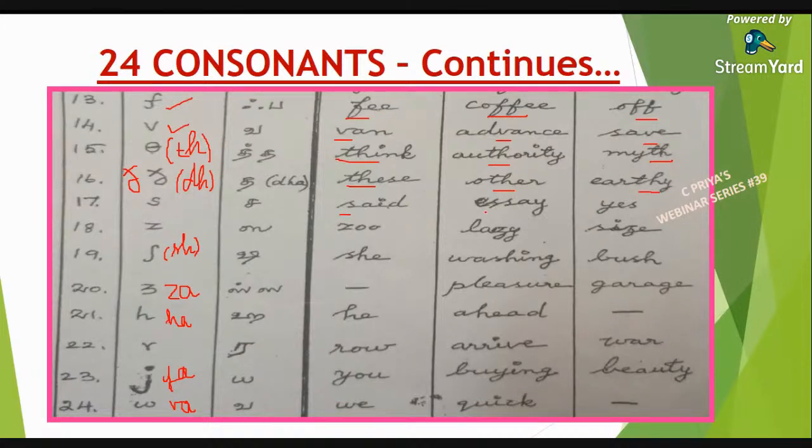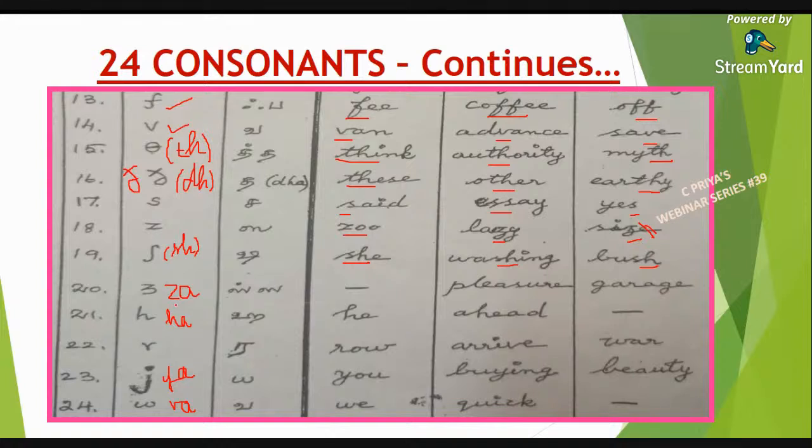Said, they, yes. Zoo, lazy, size. We don't call it a size. The e remains silent. She, washing, bush. So, these are the sounds which occur initially, in the middle, and at the end of the words. I'm just giving you examples.